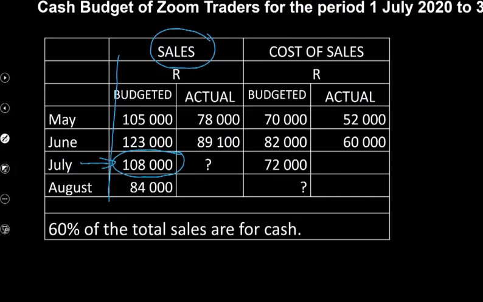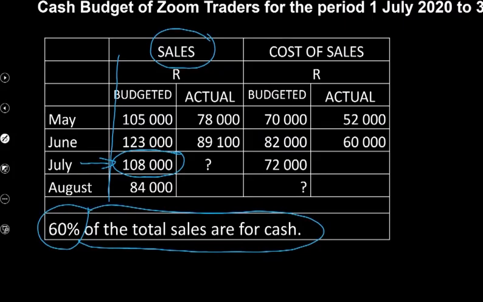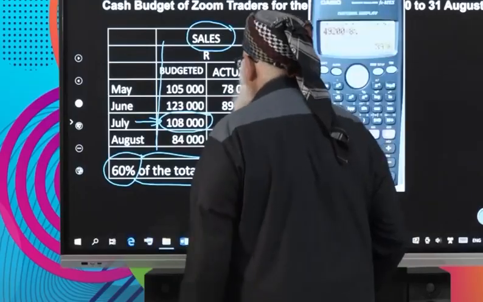That's the figure that we have. 108,000 is my total sales figure. I therefore take the 108,000 and I'm told that 60% of total sales are for cash. Immediately telling you that if 60% was cash, then definitely 40% had to be on credit. So therefore, immediately I say fine, let's do this here.